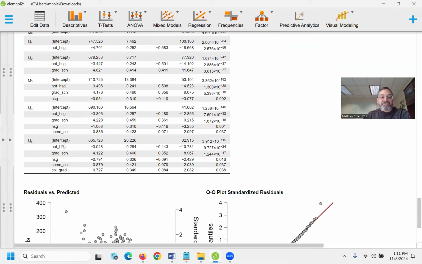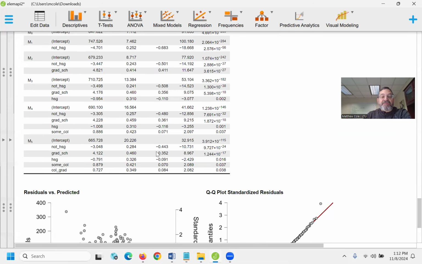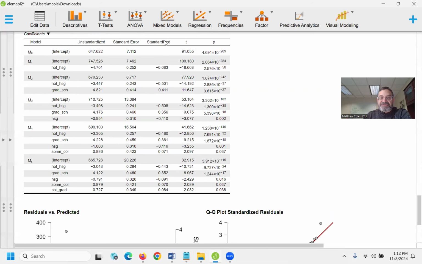By the time you get to the last block, you can get the relative strength of each of the predictors in predicting academic performance. That relatively models well the standardized coefficients.